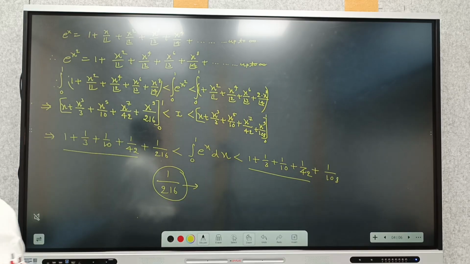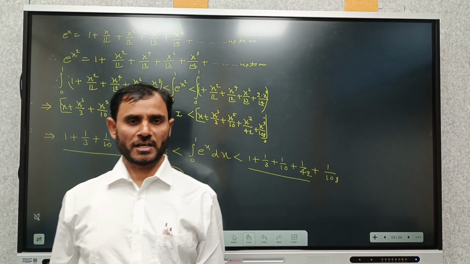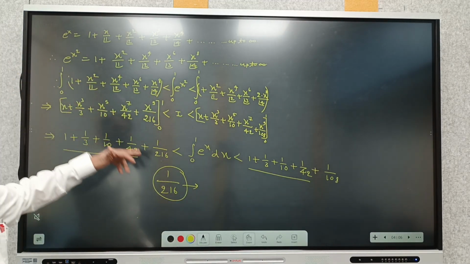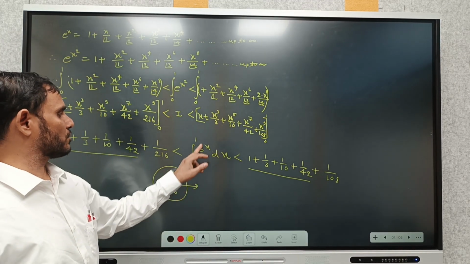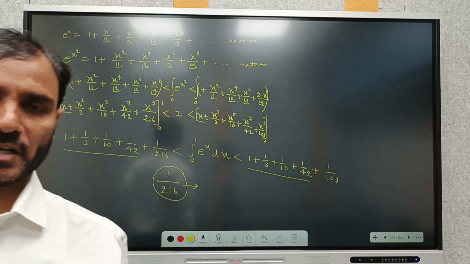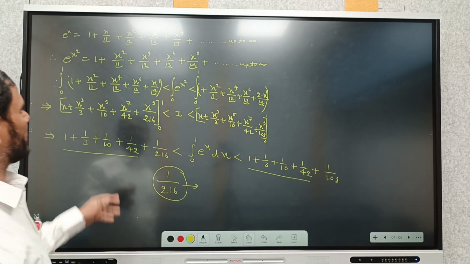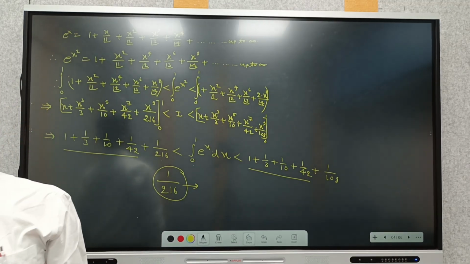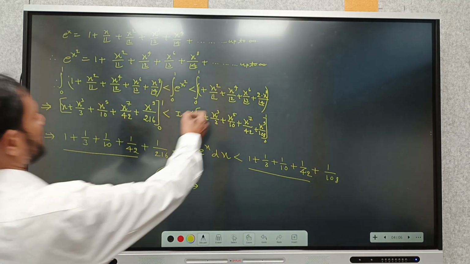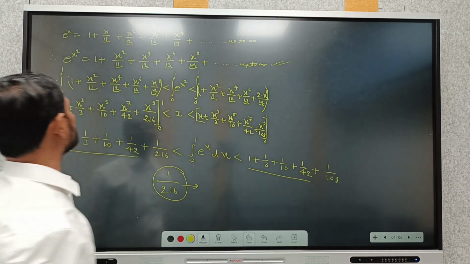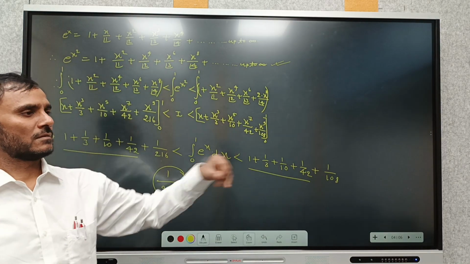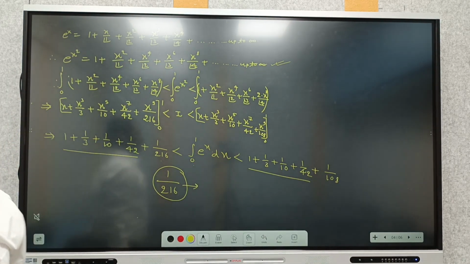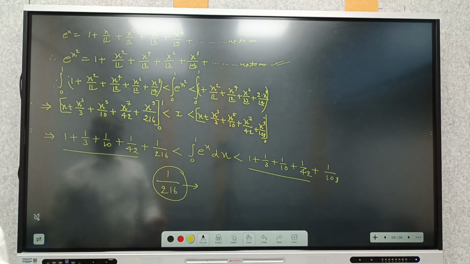Now, our next question. Note that in our question, our integration is from 0 to 1, and this method works only when the value of x moves from 0 to 1, because in this expansion the terms are decreasing very fast.